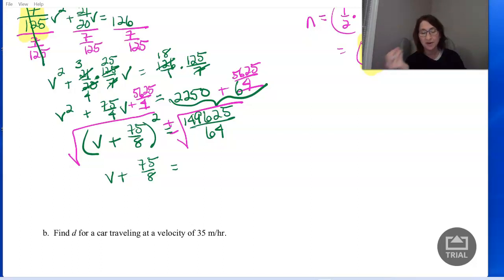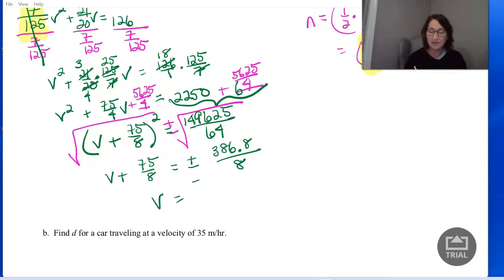If you put it in your calculator, the square root of that 149,625 is roughly 386.8, and then the square root of 64 is 8. Now I'm going to subtract. So to get v, it's going to be 75 eighths plus or minus this 386.8 over 8.